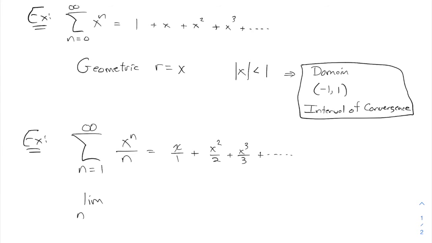Now let's use the ratio test on this. We'll take the limit as n goes to infinity of a sub n plus 1, which is x to the n plus 1 over n plus 1. Then we have to multiply by the reciprocal of a sub n.